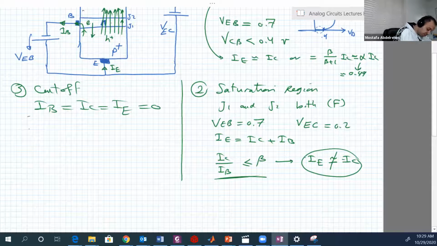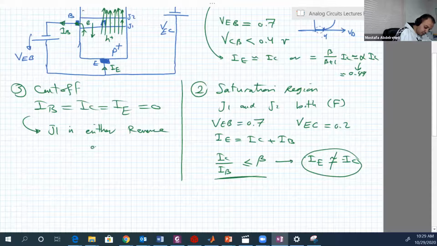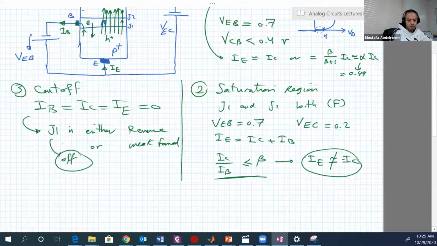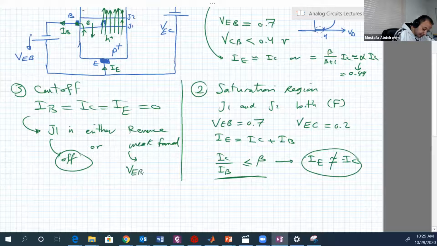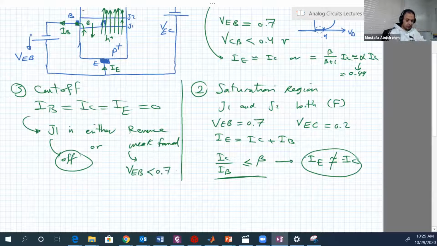So that means J1 is either reverse biased or weak forward biased. In other words, weak forward means VEB, not VBE, less than 0.7.